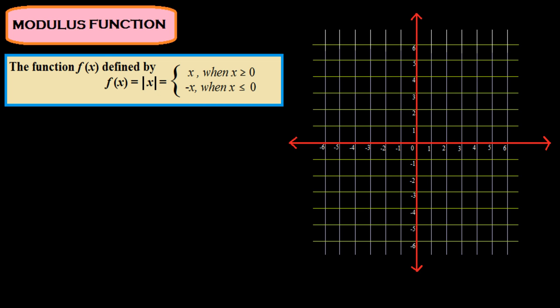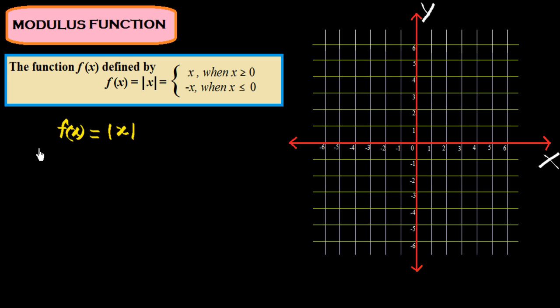So again I would like to tell you, this is our x-axis and this is our y-axis, and this is our origin. Now we start with f of x is equal to mod of x.